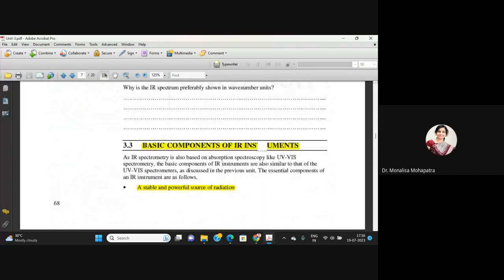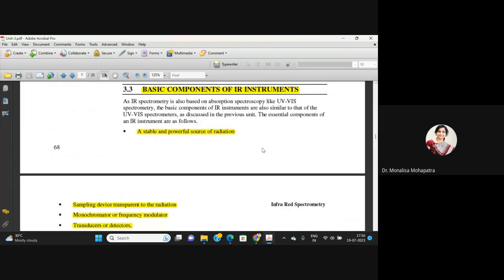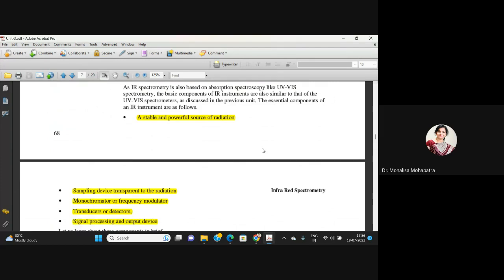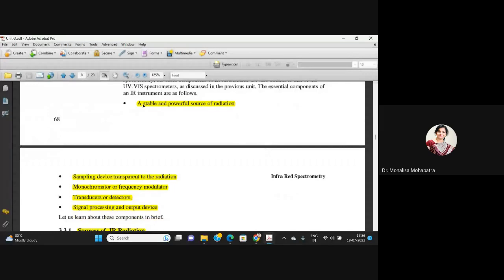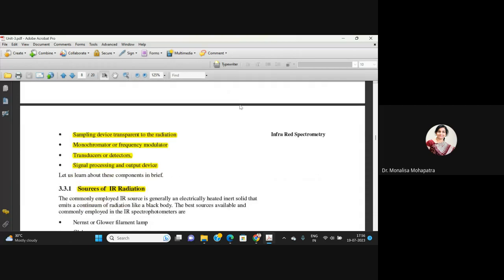So these are the questions you can also see. The basic components of an IR instrument, as we were discussing last class: there must be a source of radiation, there must be a sampling device where you are going to keep the sample, then a monochromator or frequency modulator, then a detector, then your signal processing or output device.